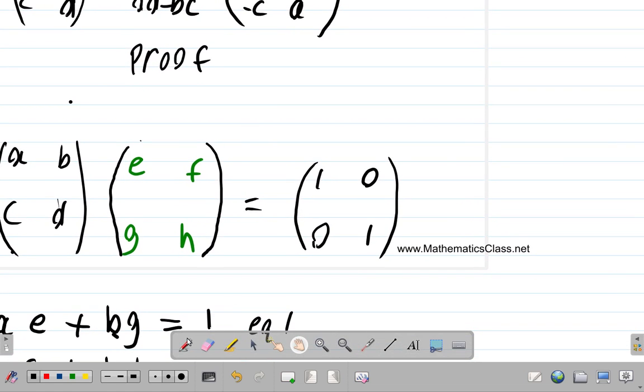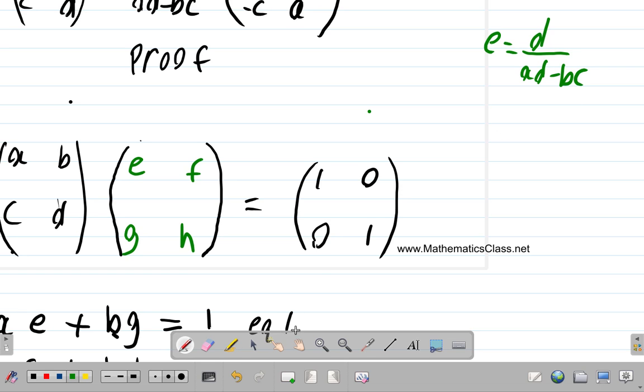Let's write it out here. E is equal to D divided by AD minus BC. Nice. Well, let's continue. We need to find F, G, and H as well.